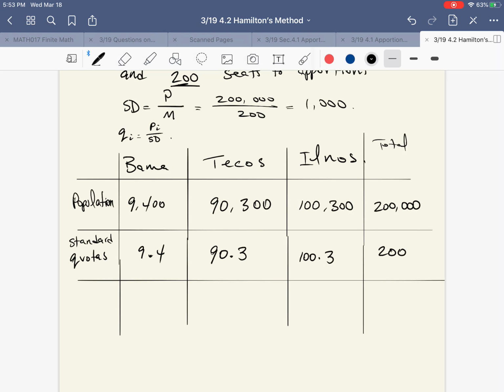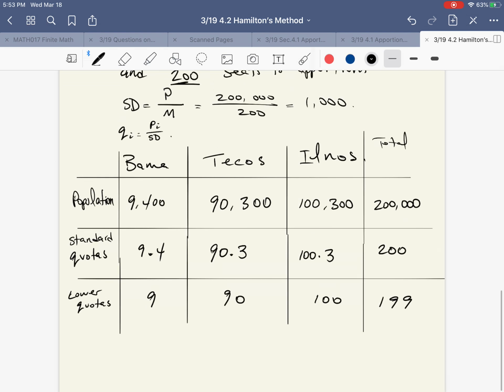And now, how many should we apportion them? Let's find their lower quotas. Those are going to be 9, 90, and 100, respectively. Those add up to 199.